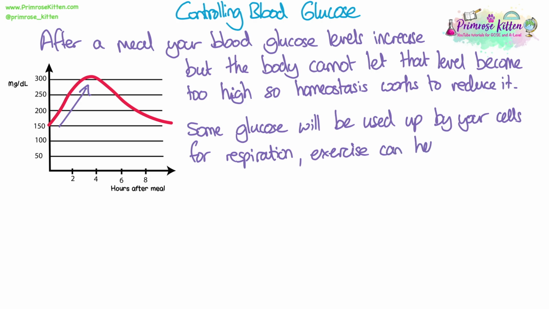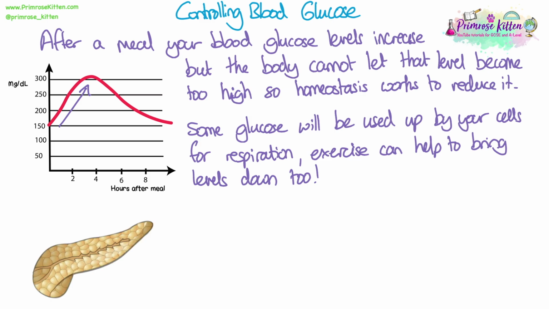Remember, partly because obviously our cells need the glucose for respiration. And so they are going to use some of it up. But we can't have too much glucose in the blood because that can start causing osmotic effects on our cells. So homeostasis will work to bring that blood glucose level down, as well as your cells absorbing some glucose for respiration.